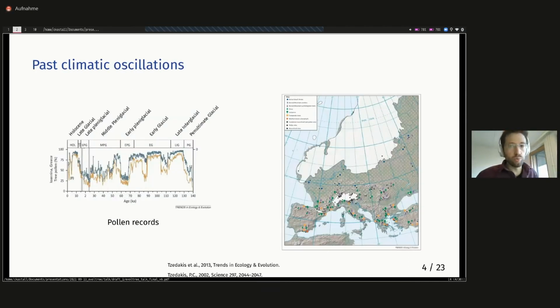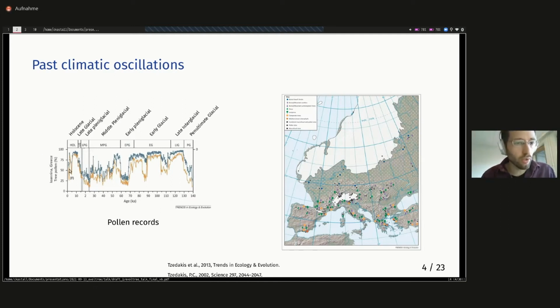So as you probably know, there have been climatic oscillations in the past that have affected a lot of forest species. And to illustrate this, you can see on the left side the pollen records: the relative abundance of forestry species pollen sampled in Greece through time.